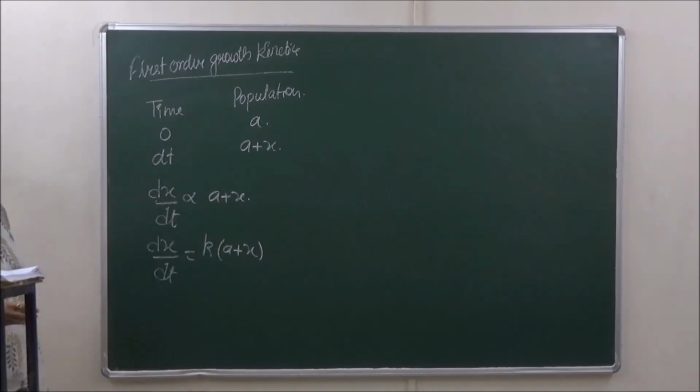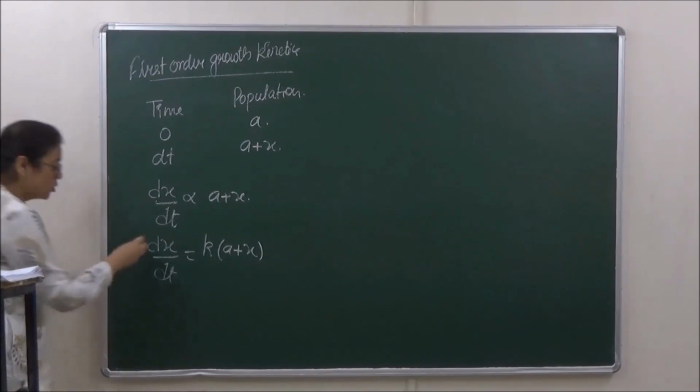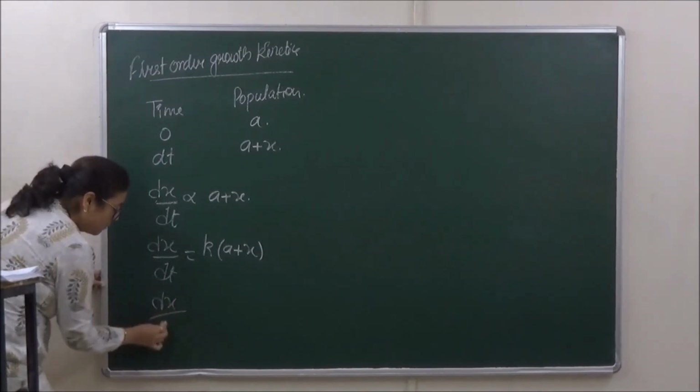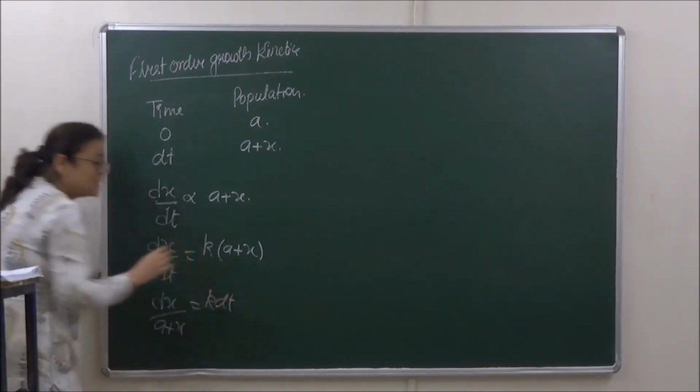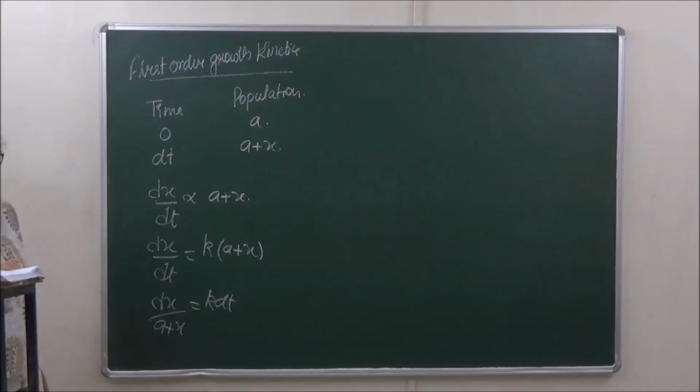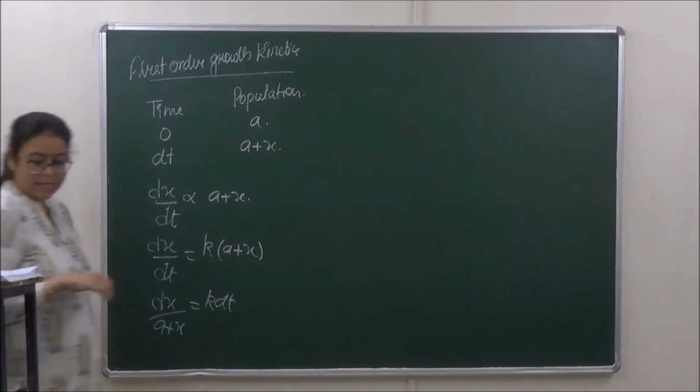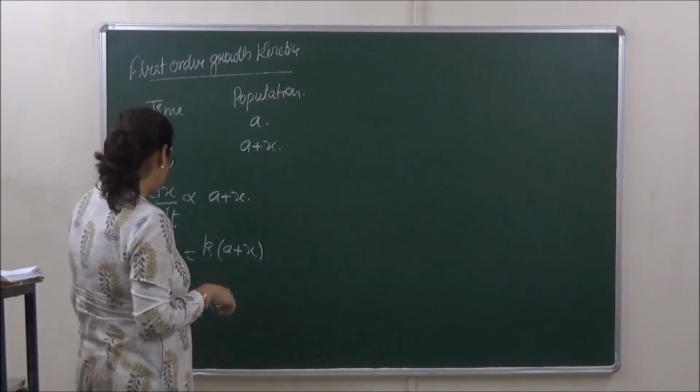And if we get the like terms together, we will get dx upon A plus x equal to K dt, right? So solving this, what will we get?